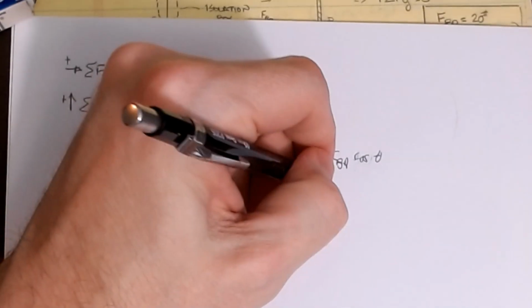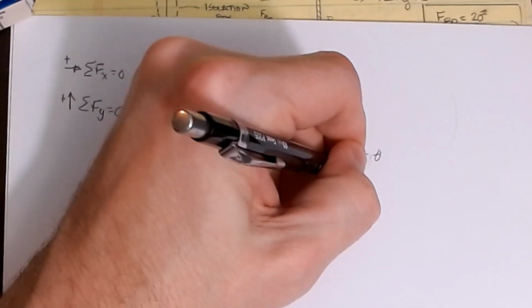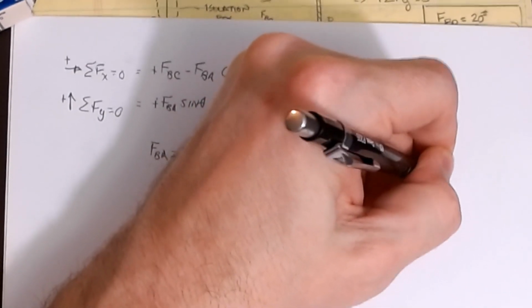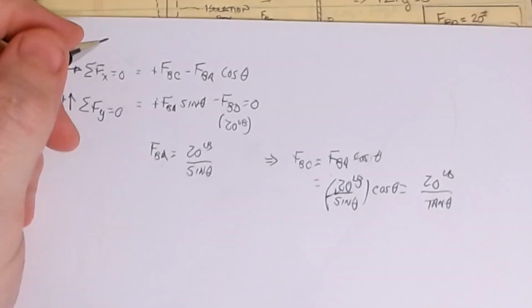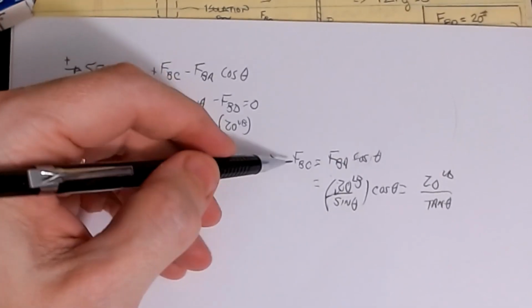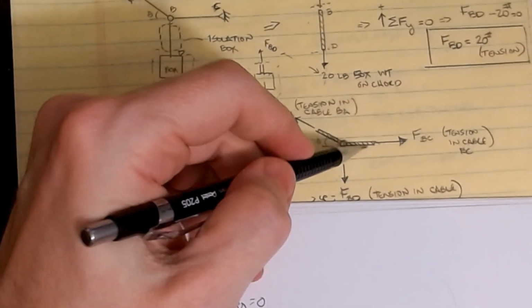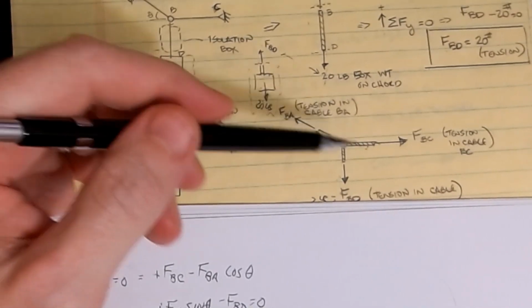And so then I can say, well, this was 20 over the sine of theta, and put units on here, 20 pounds times the cosine of theta would be 20 pounds over the tangent of theta. And that would be the value of FBC, or in this case, the tension in that rope right there. So that's how you can start to solve these things, just by knowing how to dissect them.